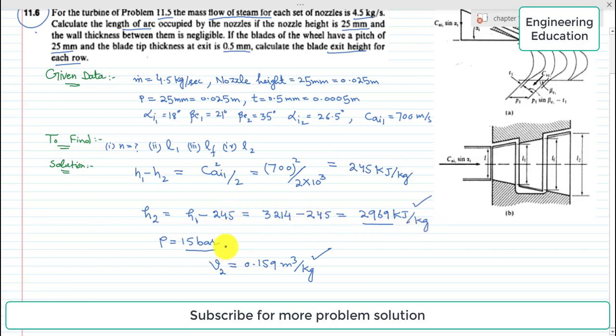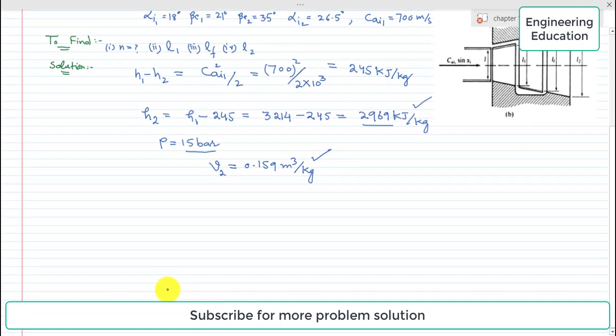Now also at the nozzle outlet, the flow velocity is equal to C_i1 sin alpha_i1.